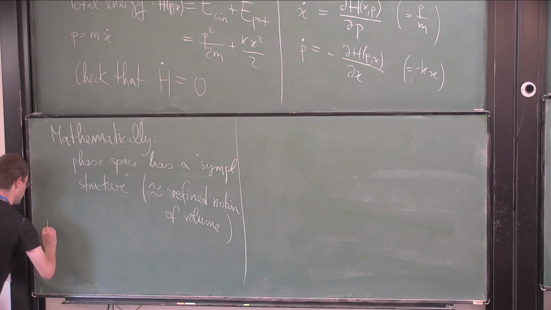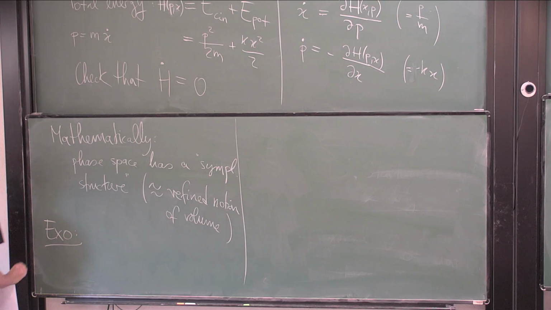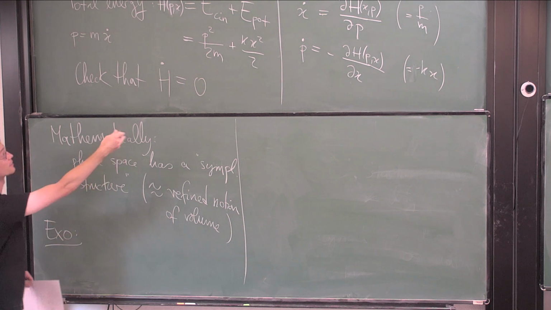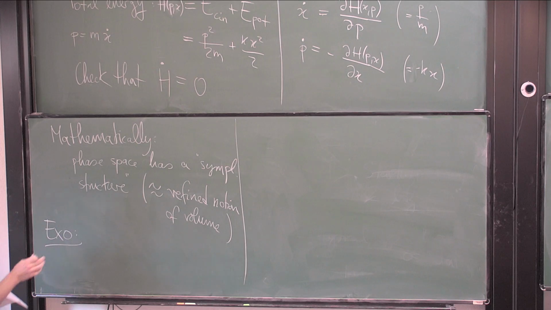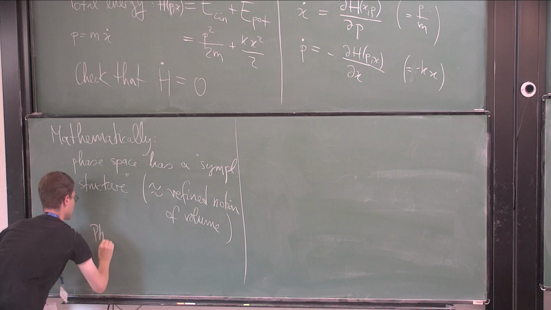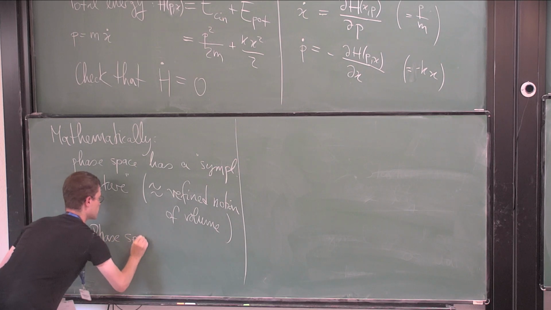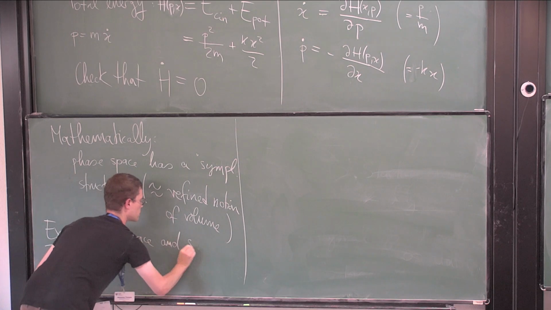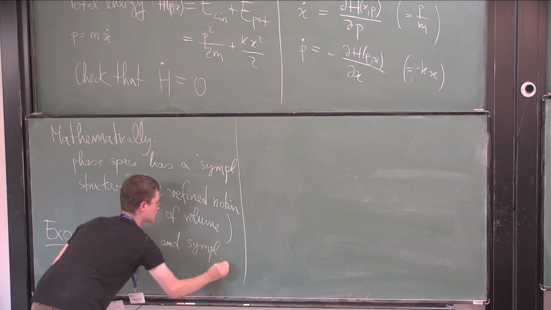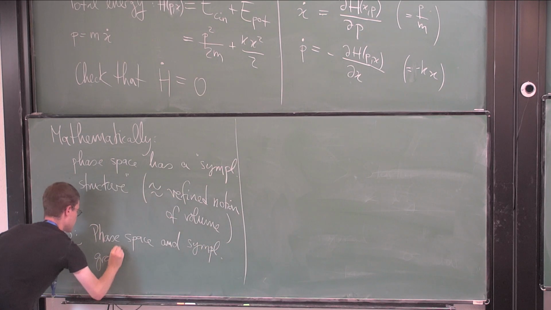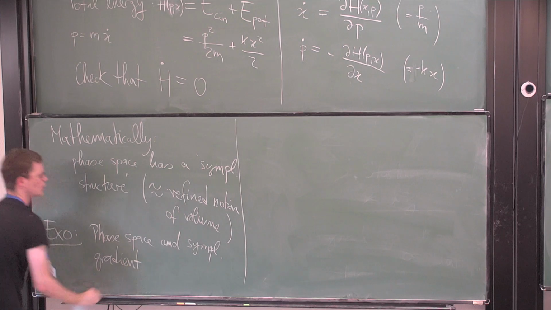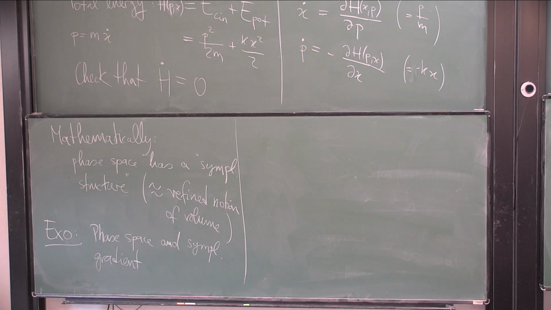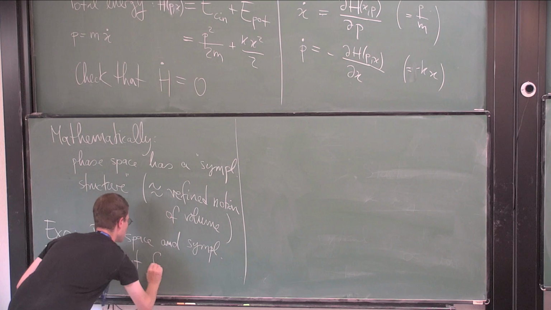Okay, so I'll give you an exercise. You can try to do the same analysis, find the symplectic gradient, or find what the phase space is, for the second complicated system, which is the pendulum.